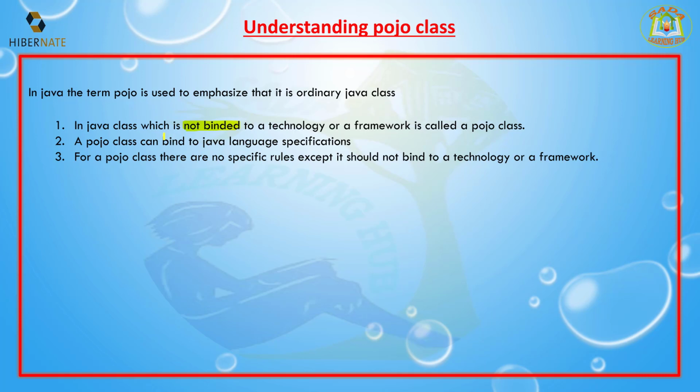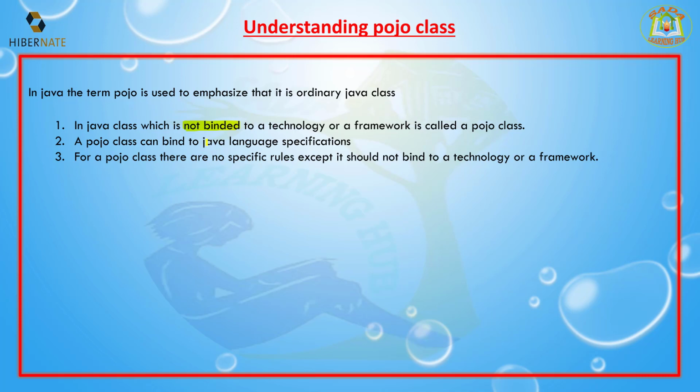Means a Java class must follow the Java specifications and must not be bound to any other technology or framework. For a POJO class, there are no specific rules except it should not bind to any technology or any other framework. These are the two things we need to follow while creating a POJO class.